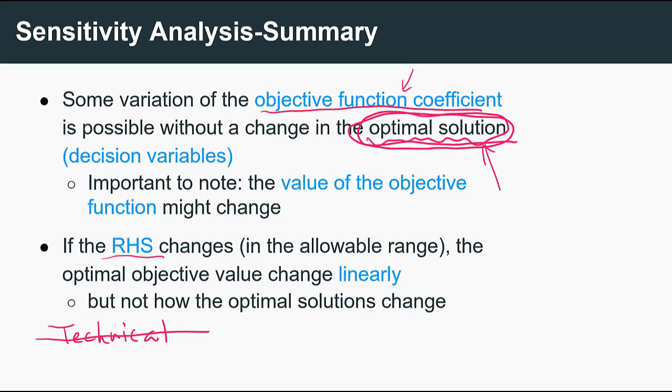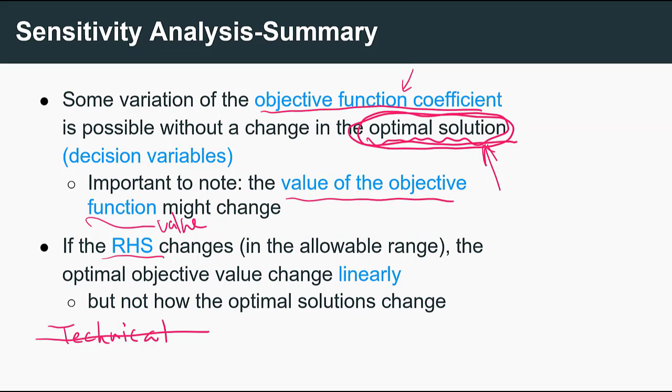If the optimal solution does not change, then you can probably tell the change to the objective function value. However, if the optimal solution changes, then you have to resolve the problem with the new objective function coefficient.